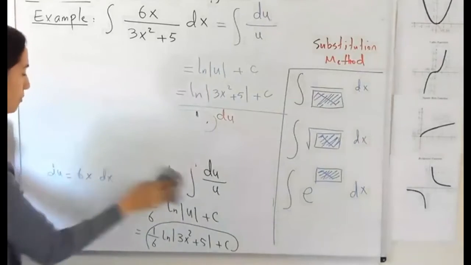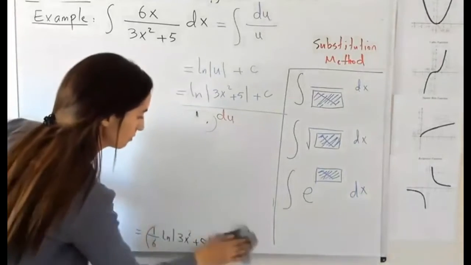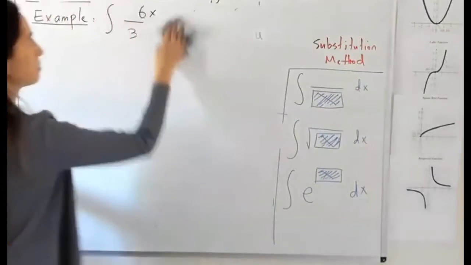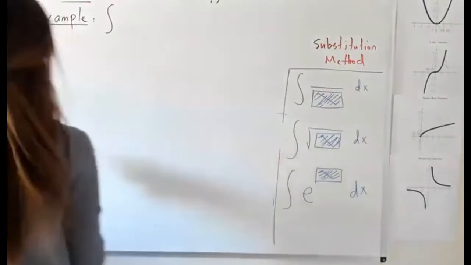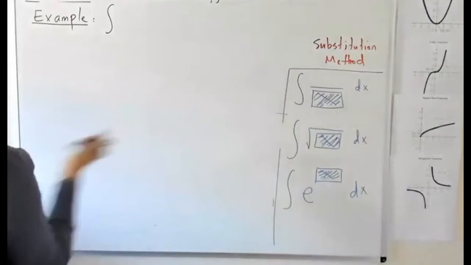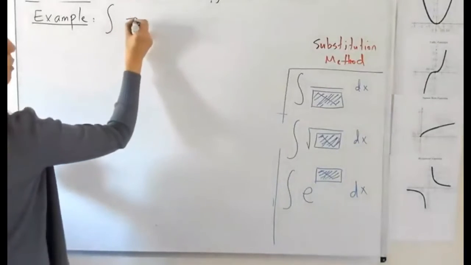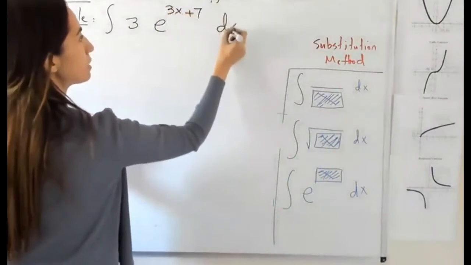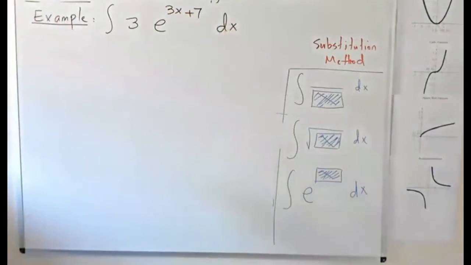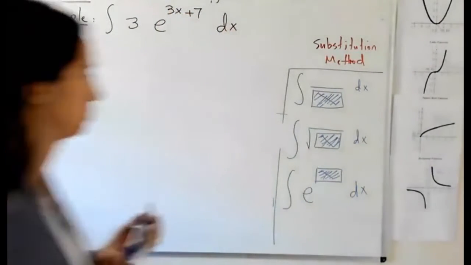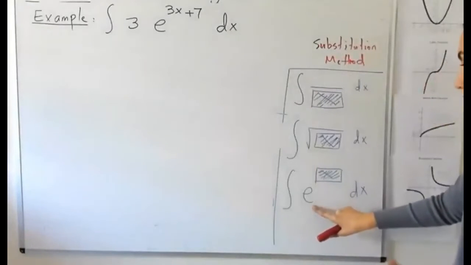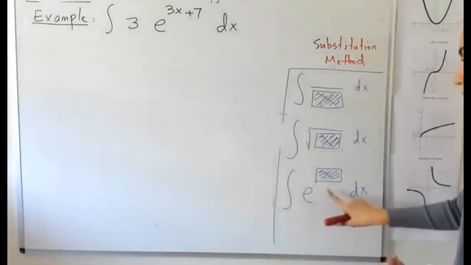Another example for you. So here we have e to the 3x plus 7 dx. We have e, or a base, raised to an exponent.